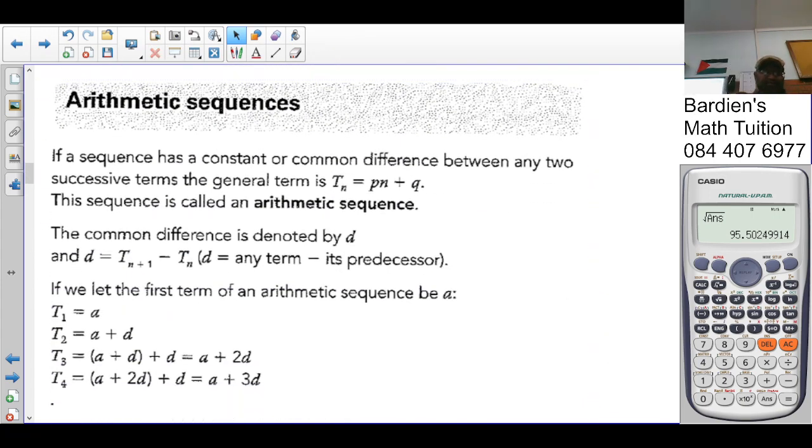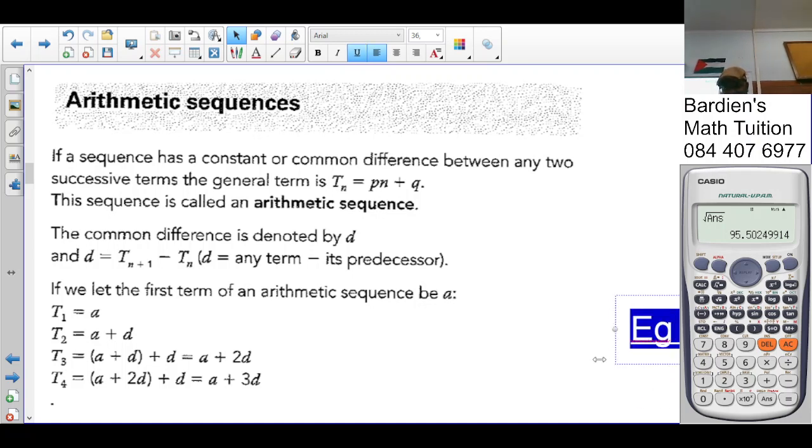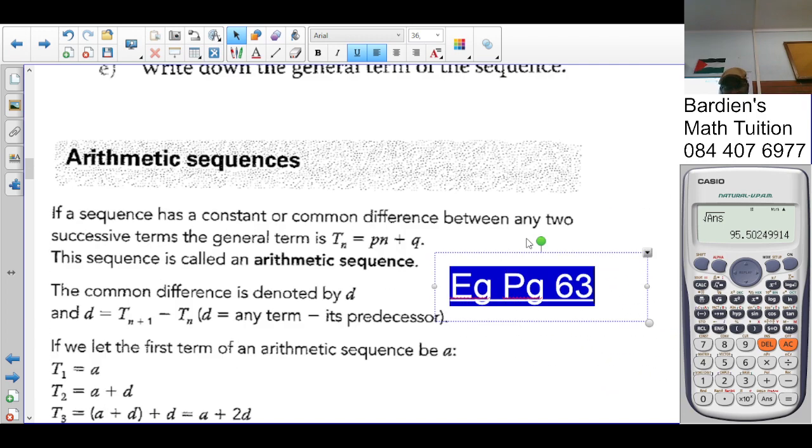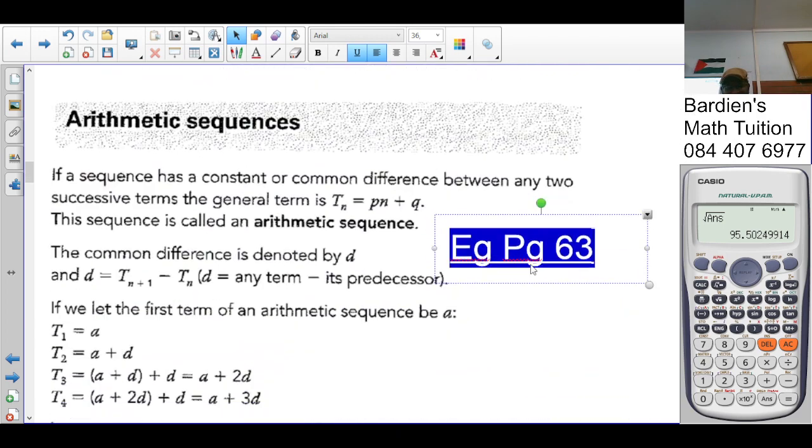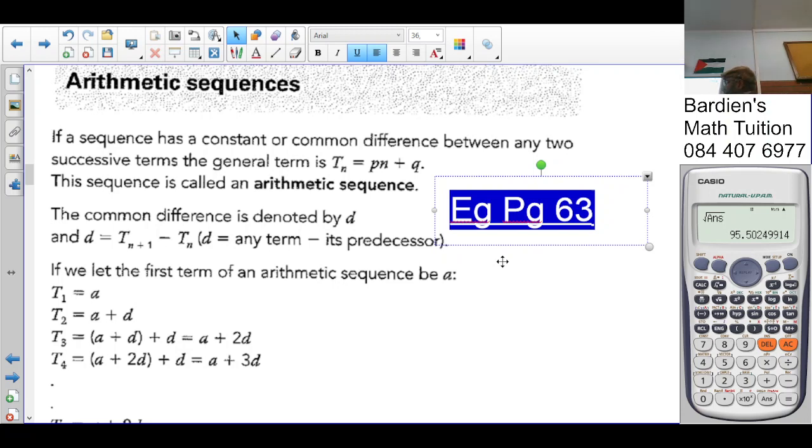Okay, this is the example on page 63. Arithmetic sequences, we are reading on page 63.